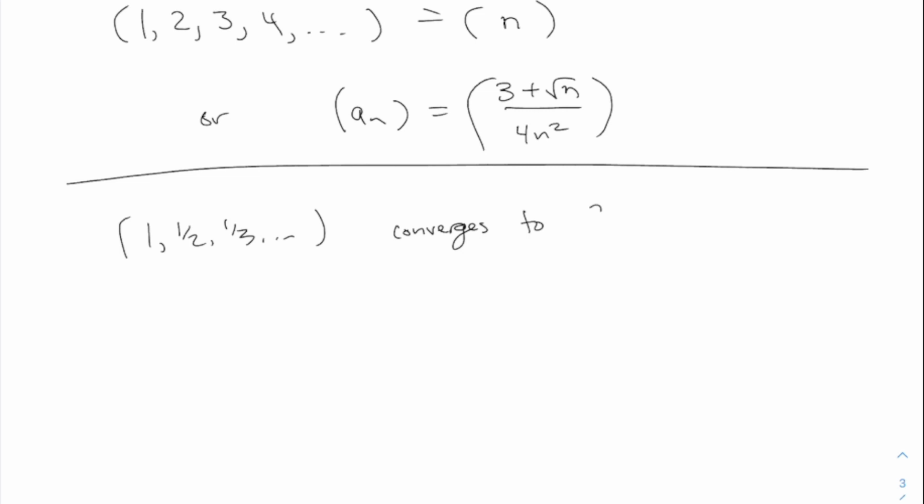This sequence converges to 0. It's because if you were to draw the numbers in the sequence, you have 1 first, and then a half, and then a third, and then a fourth, a fifth, etc. These eventually get really, really close to 0, all right? That sequence converges to 0. I want to try and say, though, what exactly do we mean by that?